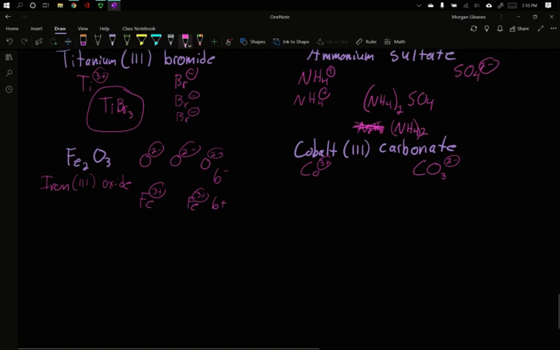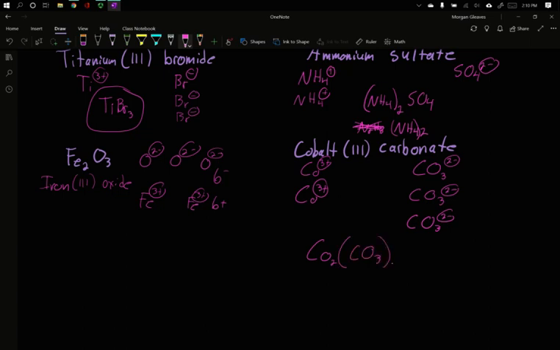Slide this down a little. I need some more negatives, but now I have too many negatives, so I need some more positives. Now I have too many positives, so I need some more negatives. 6 positives, 6 negatives, a 2-to-1 ratio. So this would be Co2, then in parentheses, CO3, 3.